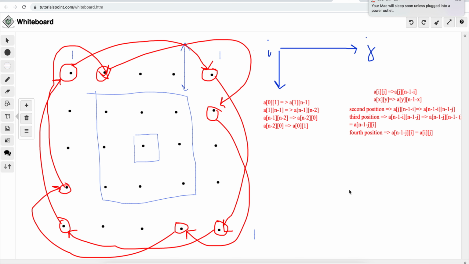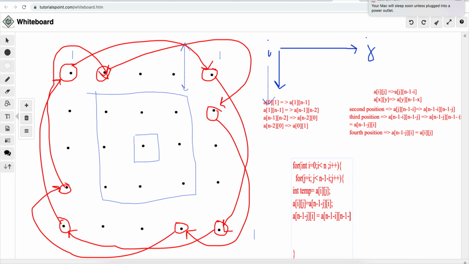I will write it myself. a of n minus 1 minus j of i equals this node, a of n minus 1 minus i of n minus 1 minus j.